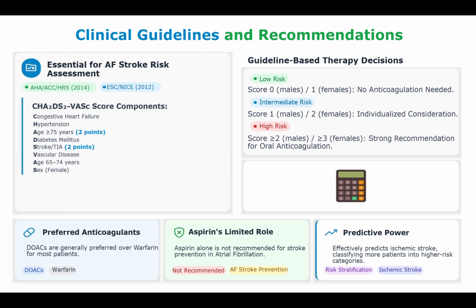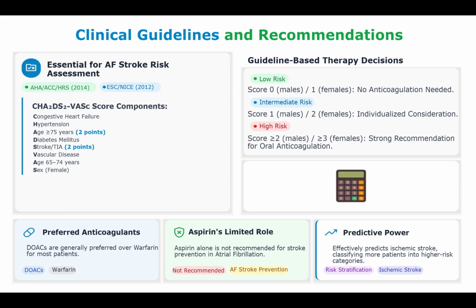It's a highly individualized choice. Moving to high risk patients, who are defined as males with a score of 2 or higher and females with a score of 3 or higher, there is a very strong and unequivocal recommendation for initiating oral anticoagulation. In this patient population, the significant benefits of preventing a stroke generally and clearly outweigh the risk associated with bleeding.